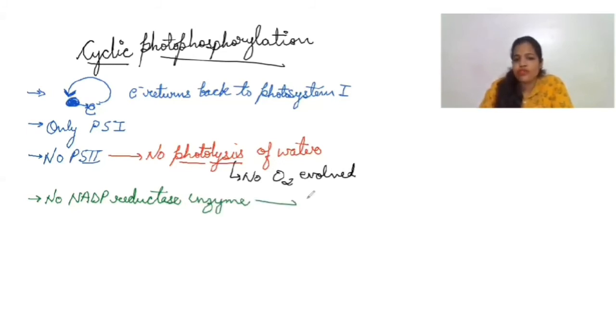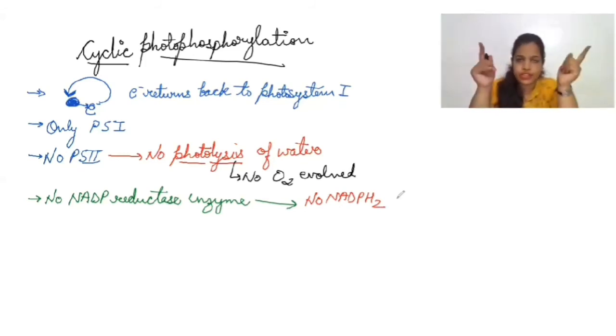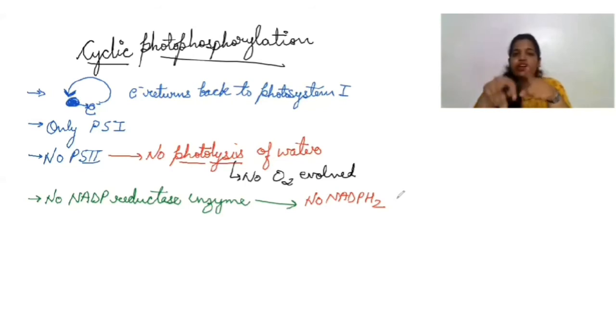NADPH2 is not formed. No NADPH2. No NADPH2 means NADPH2 is not formed in cyclic photophosphorylation. Only one product is there from cyclic photophosphorylation, and that is ATP. How it is formed, I'll show you soon. So what is formed in cyclic photophosphorylation? ATP produced.